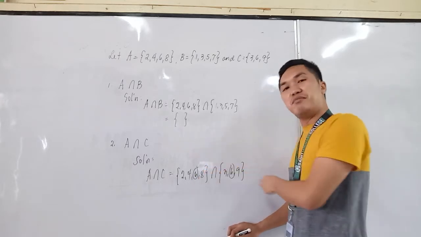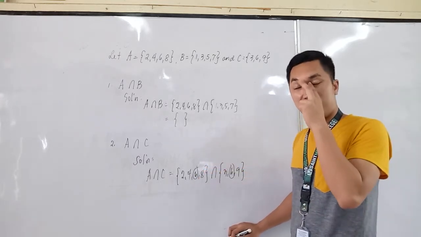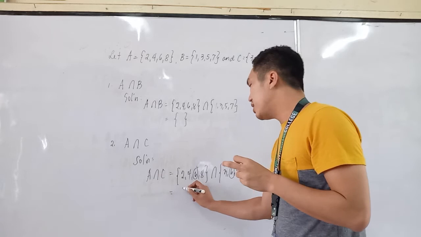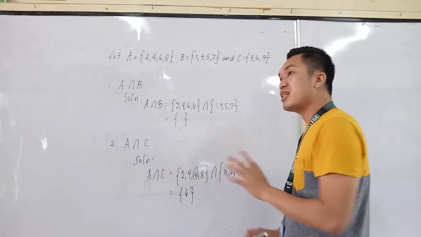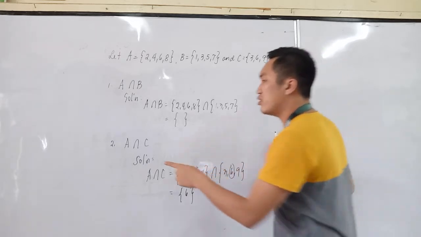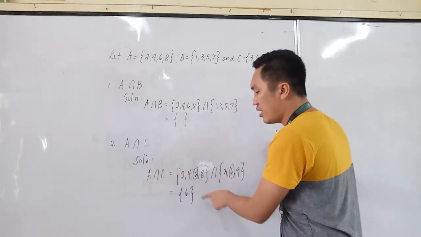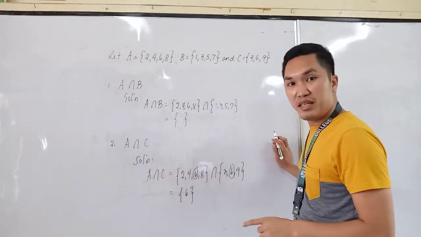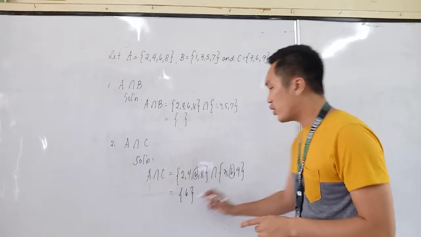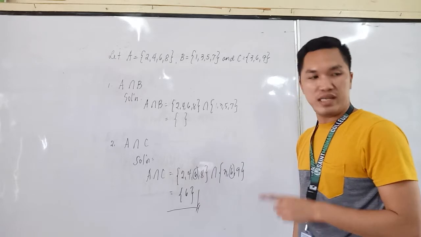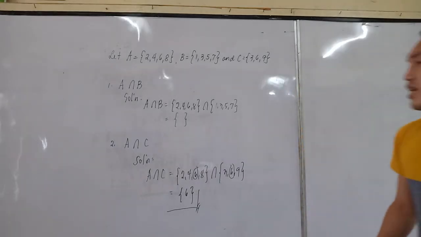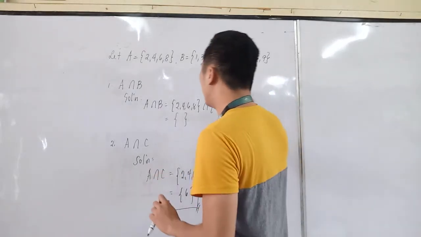And this common element, which is the 6, is what we call the intersection of the two sets. Meaning to say the intersection of A and C is the element 6. Therefore, this is our answer for this one. Now let us proceed with the other examples.